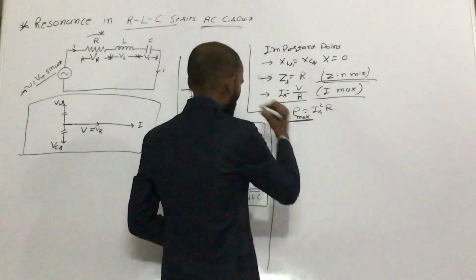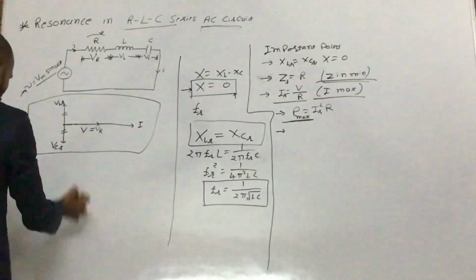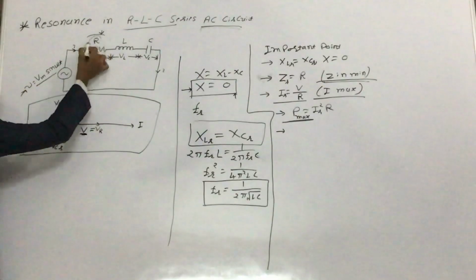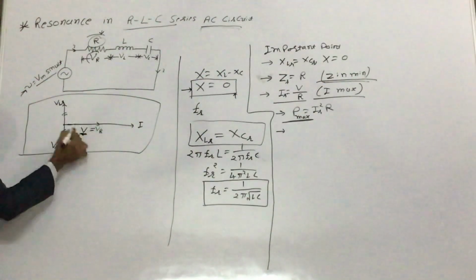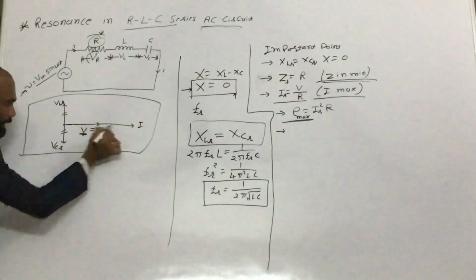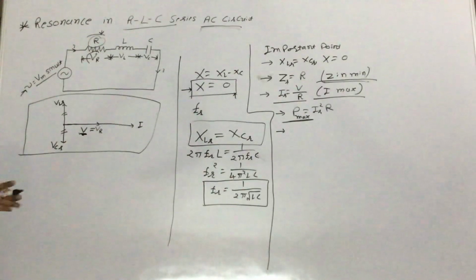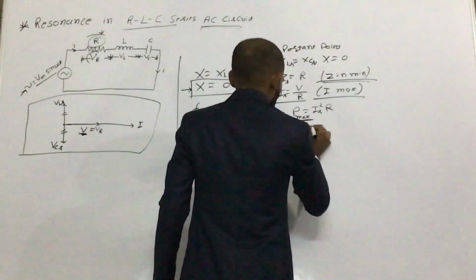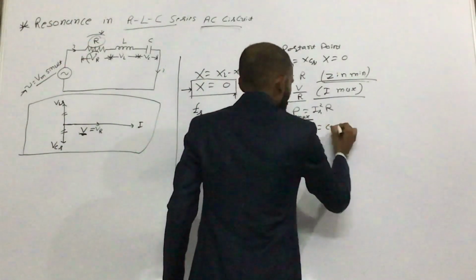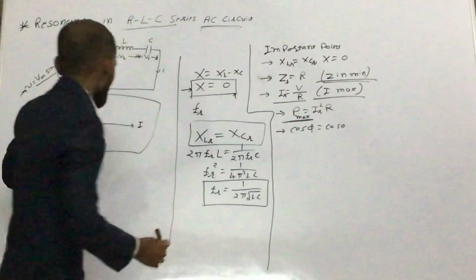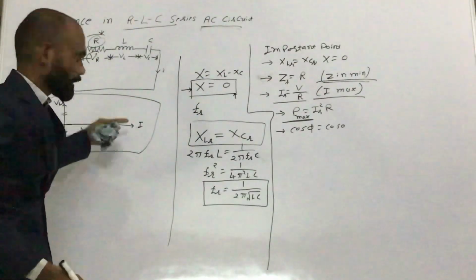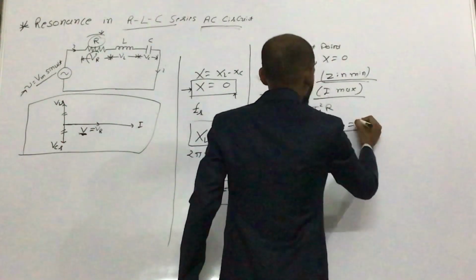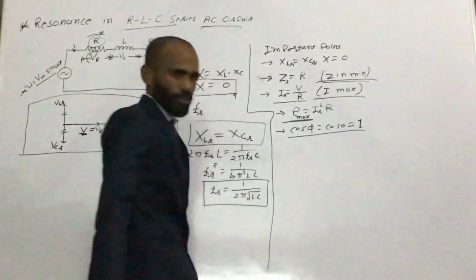Now the other thing is that the whole applied voltage appears across the resistor, because VR is equal to V. Both voltage and current are in phase. So the power factor cos phi is equal to cos 0, since the angle between voltage and current is 0, and it is equal to 1. So the power factor of the circuit is 1 under the resonance condition.